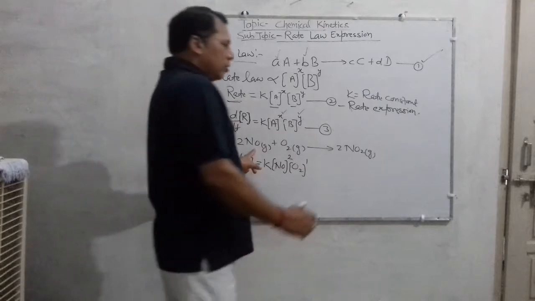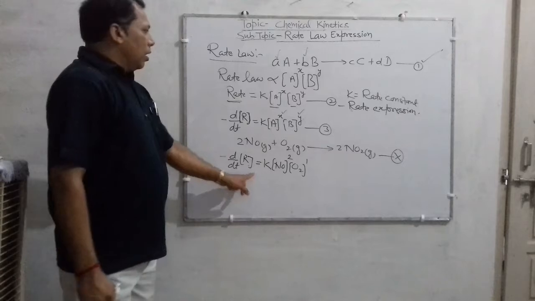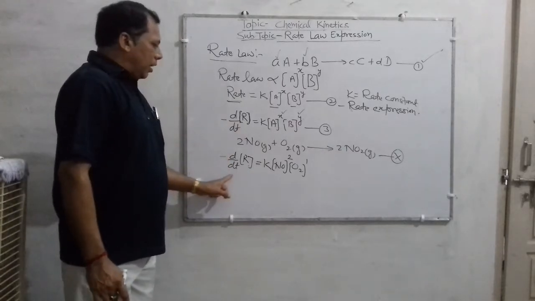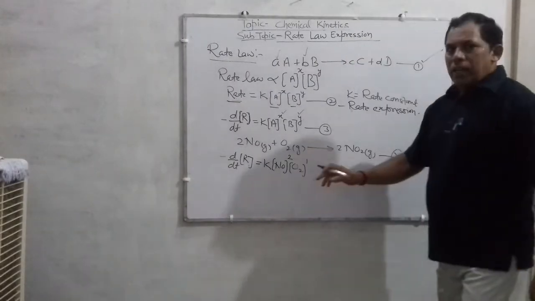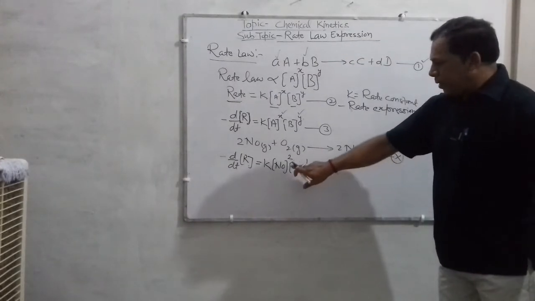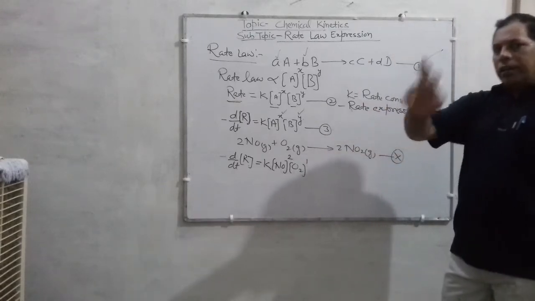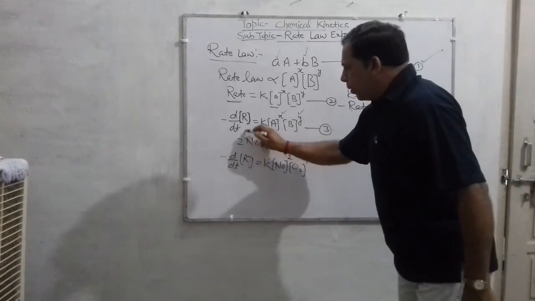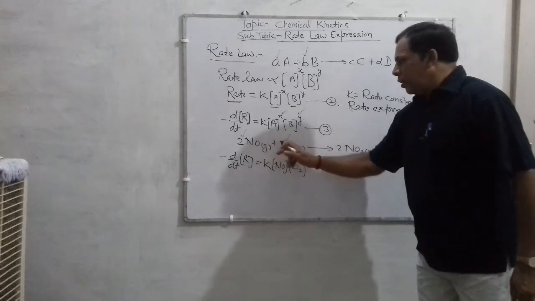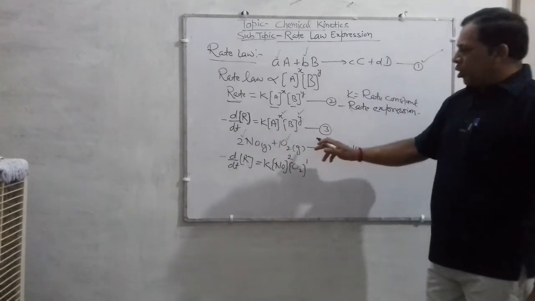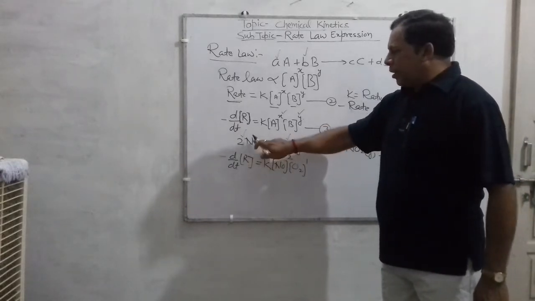So for this reaction, suppose this reaction is X. For reaction X, the rate law can be written like this, and children, you are observing that the exponents present here, 2 for NO and 1 for O2, are identical to the stoichiometric coefficients of the given reaction, 2 and 1. So 1 is the stoichiometric coefficient of oxygen and 2 is the stoichiometric coefficient of NO.